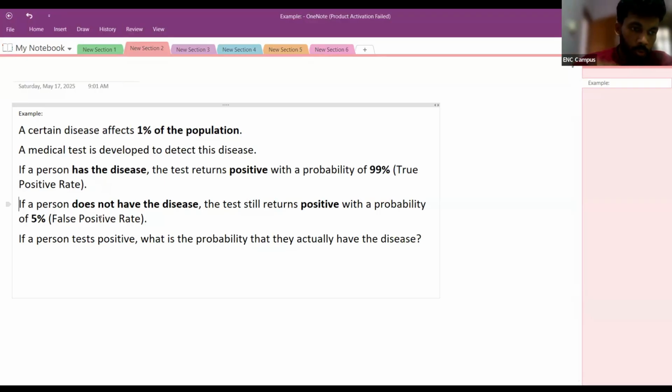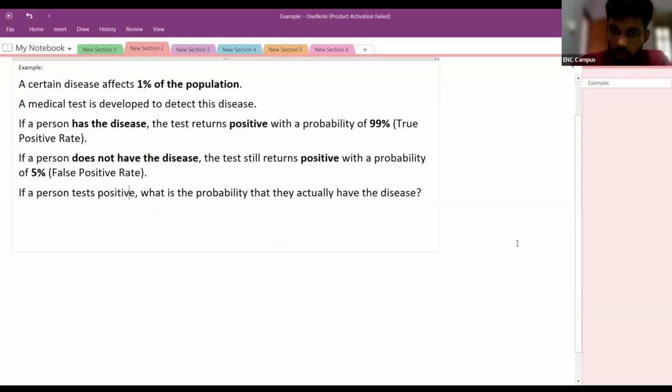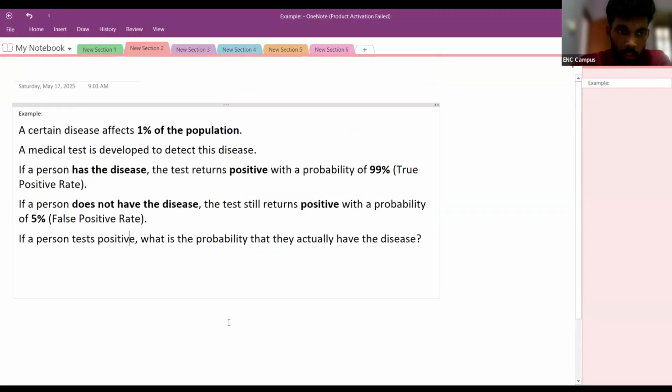So if a person tests positive, what is the probability that they actually have the disease?